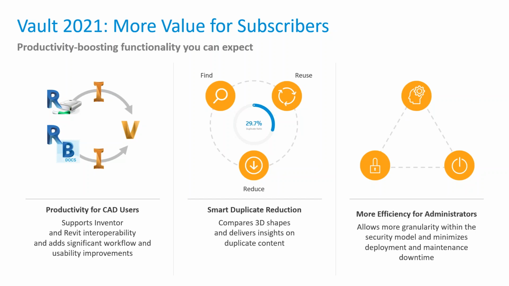Those additions fall into three primary buckets. Productivity for CAD users. The big one, which is in the middle of the presentation this morning, smart duplicate reduction, which I think Autodesk has been working on for quite a while. It made its debut, I believe, in update 2 for 2020.